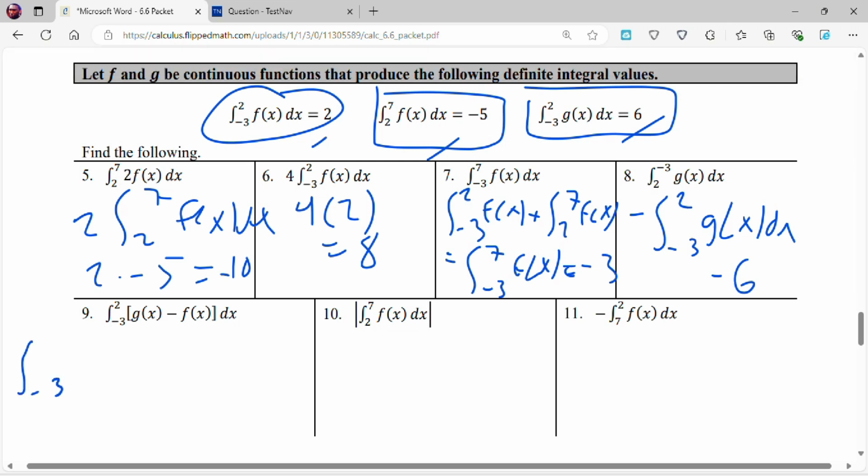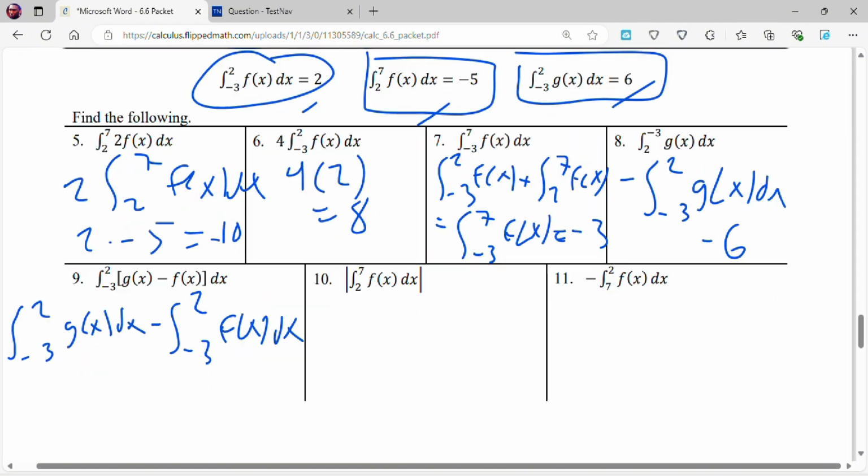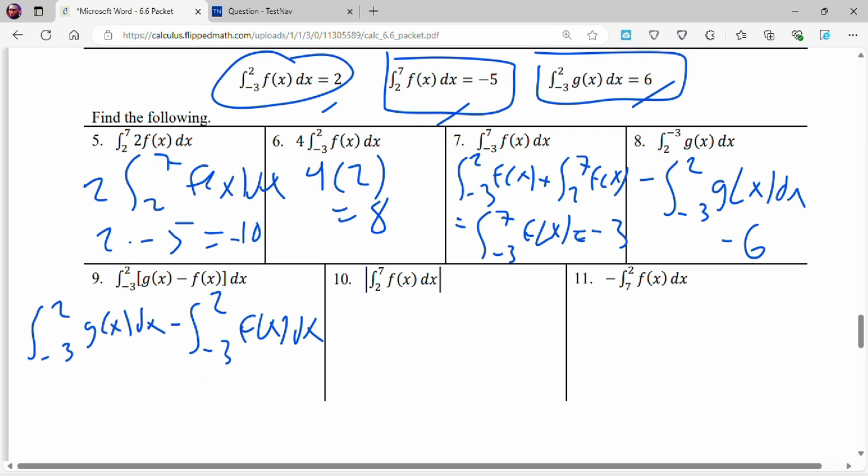Integral from negative 3 to 2 of g of x dx minus integral from negative 3 to 2 of f of x dx. That is how we can split apart the integral. So from negative 3 to 2 of g of x, we know that's 6. Negative 3 to 2 of f of x, we know that's 2. So that's going to give us 4.